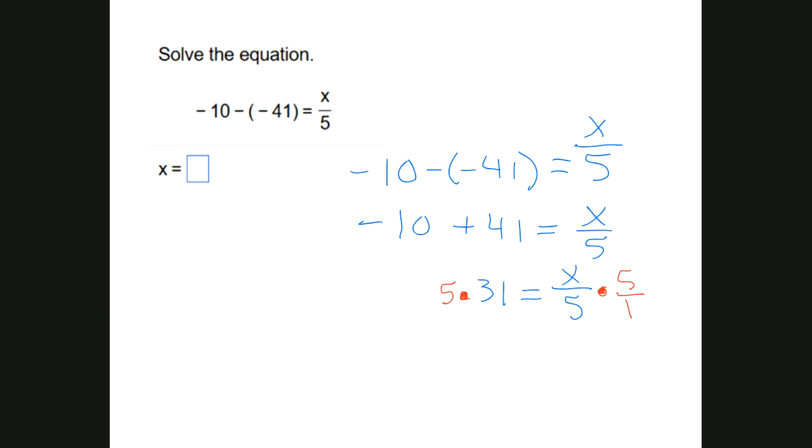This will give me an answer of 155 is equal to x. So what happens here is these 5's divide out, leaving you 1. And 1 times x is x.